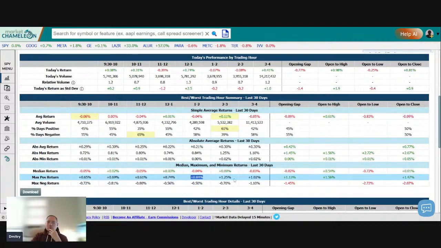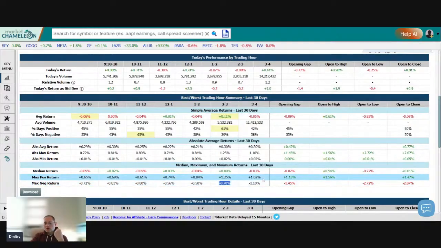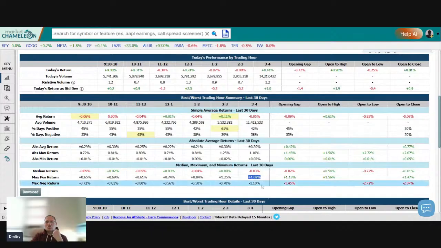The range seems between 2 to 3 was the widest, 1.25%, negative 0.7, and 3 to 4 actually, up 1% versus negative 1.10%.